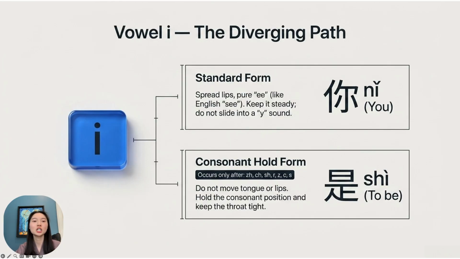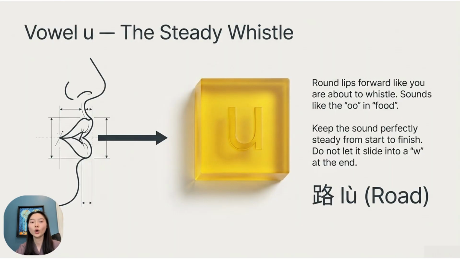But after zhi, chi, shi, ri, zi, ci, si, don't move your tongue or lips at all. Just hold the position of that consonant and keep your throat tight, like in 是, to be. Same spelling, very different sound. Your ears will get used to it.